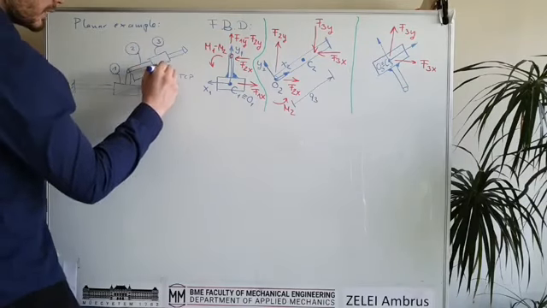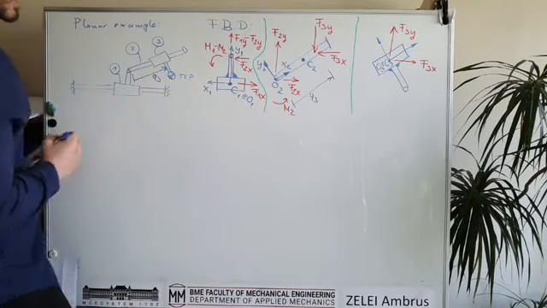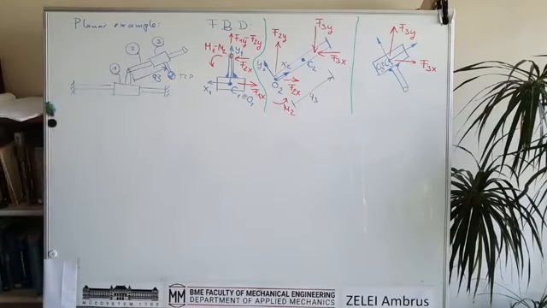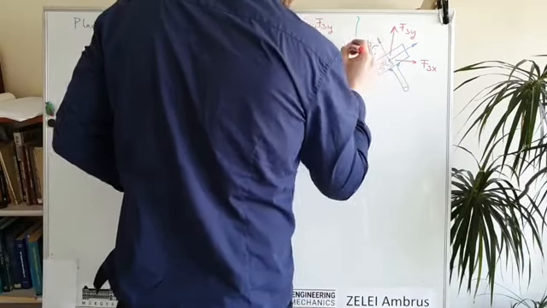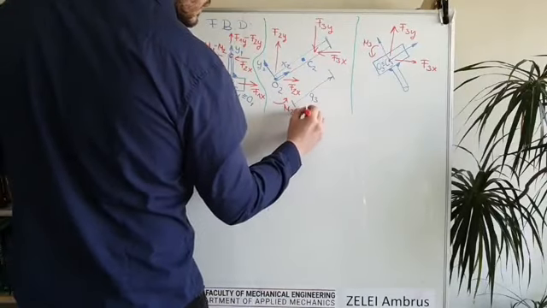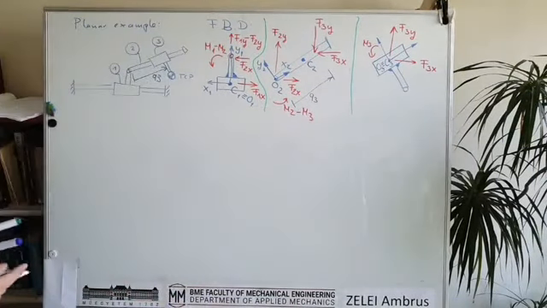So this was the Q3 coordinate. And also there is a torque M3, and the reaction torque, which we can just put here.